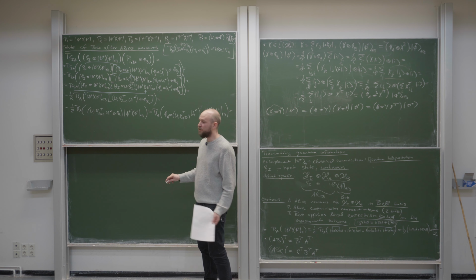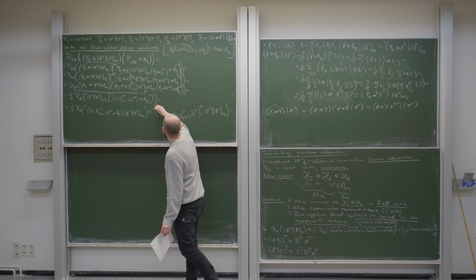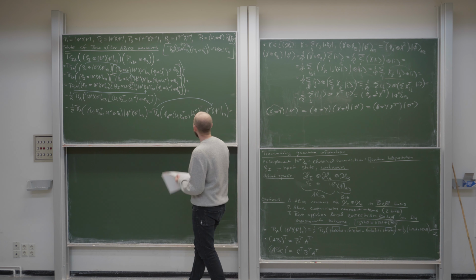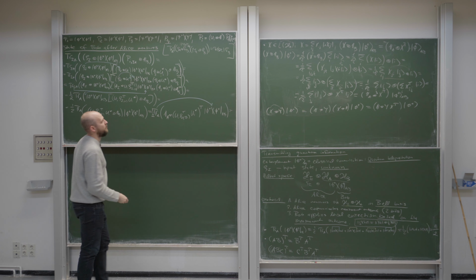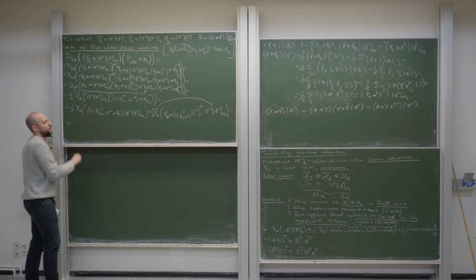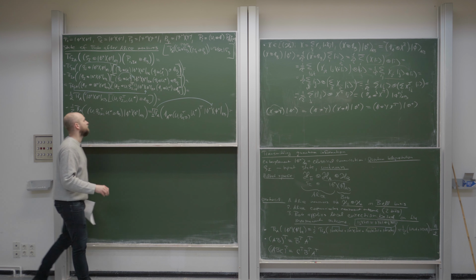And now we can do what we wanted to do all along, which is to say, well, according to our definition of partial trace, it will just act over here. There's 1/2 missing over here. And we'll get again from this partial trace acting on the Bell state, 1/2 identity.